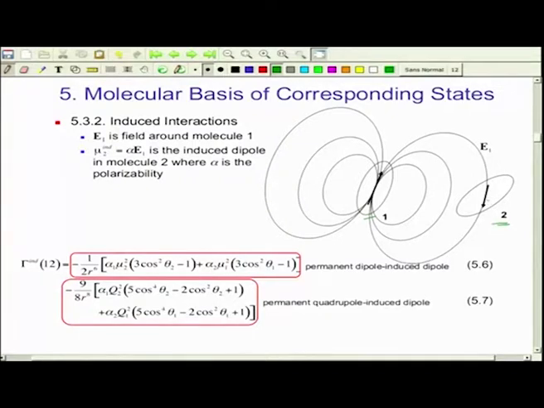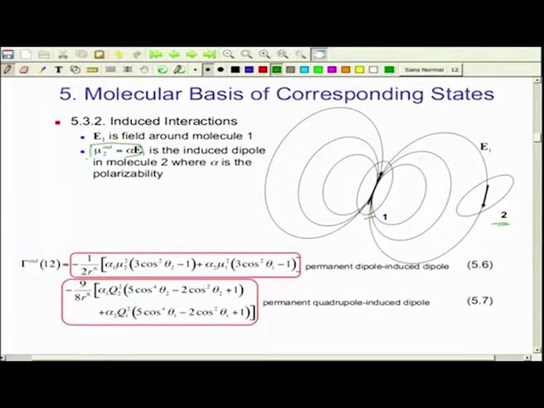Now, the induced dipole is given by alpha multiplied by the electric field. Let me restate this statement here. Due to the permanent dipole here, there is an electric field around molecule 1, and due to that it induces a dipole moment in molecule 2, which is given by this expression.